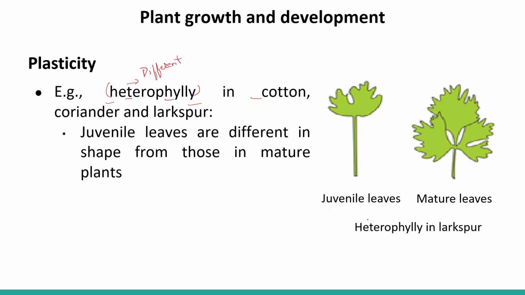Here you can see in this diagram, this is showing heterophyly in larkspur. Juvenile leaves look like these, and mature leaves have a different shape. There is a change in the shape, or you can say form, as well as the structure.